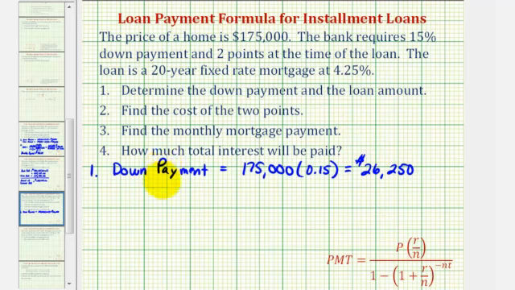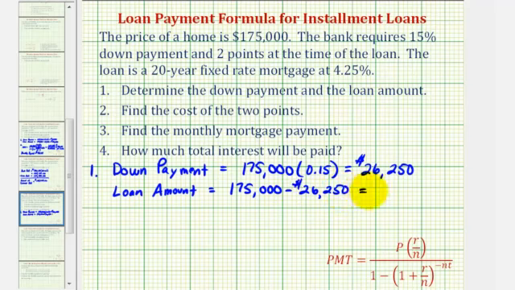So now to determine the loan amount, we'll take the $175,000 and subtract the down payment, which comes out to $148,750.